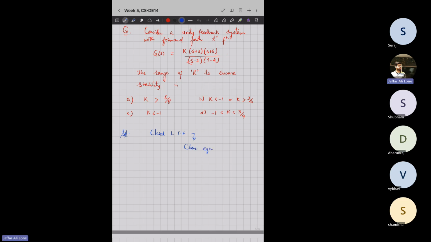Very good, the characteristic equation. Then we need to apply the Routh array, RH criteria. Then we will get some condition. Perfect, thank you, Dhanraj.